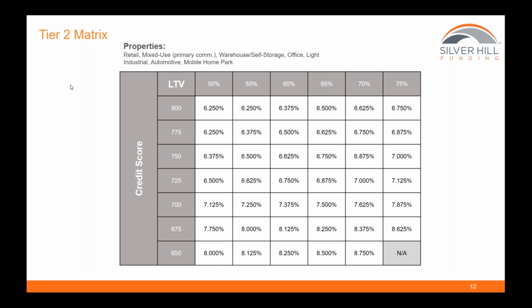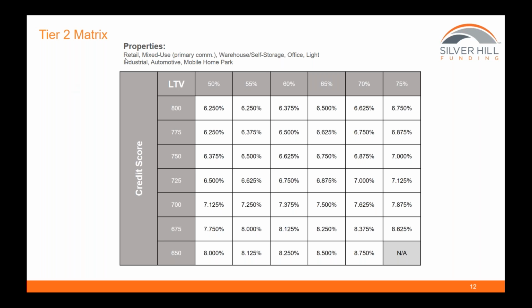Two property types that we're not doing this time around under Tier 2 are restaurants, bars, and daycares, as you would expect, because of the current pandemic and municipal restrictions around these properties. We've decided to suspend lending on them for now.